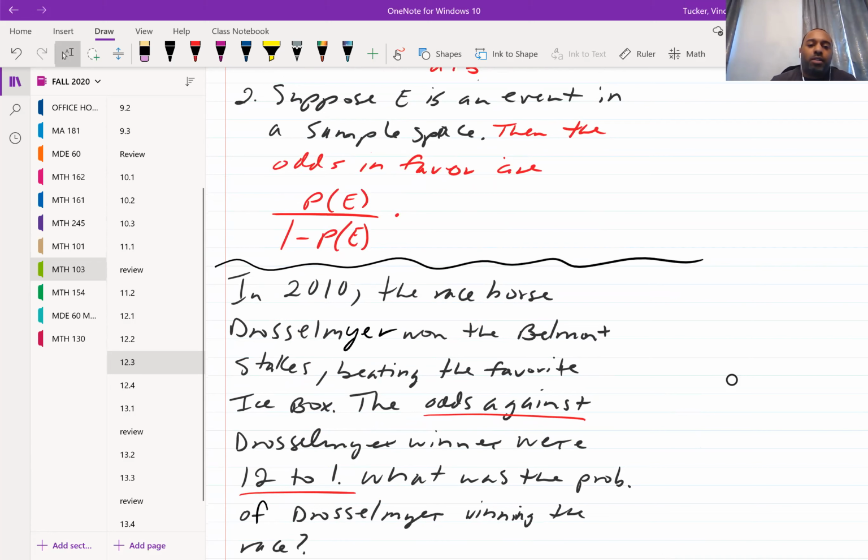The odds against Drosselmeyer winning were 12 to 1. What was the probability of Drosselmeyer winning the race? So we have the odds against Drosselmeyer winning, and we want to know what was the probability of Drosselmeyer winning the race.